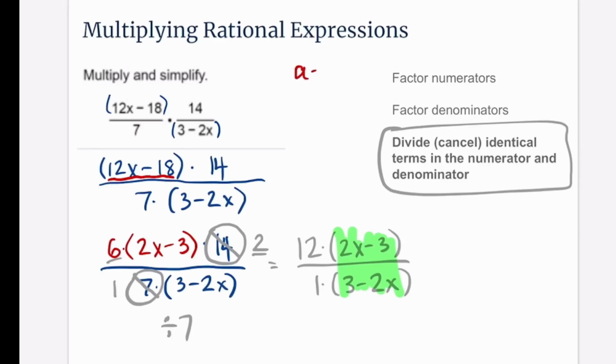Write a rule up here. A minus b and b minus a. When you have identical terms that are flipped in a subtraction problem, the only difference is that they're a factor of -1. So if you multiply -1 by one of these, it's going to give you the other expression.